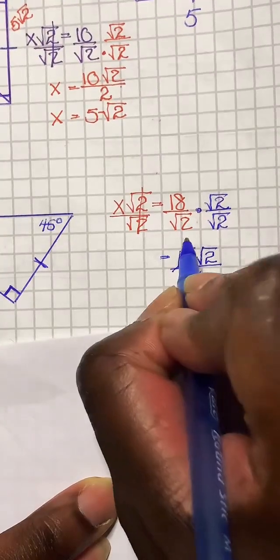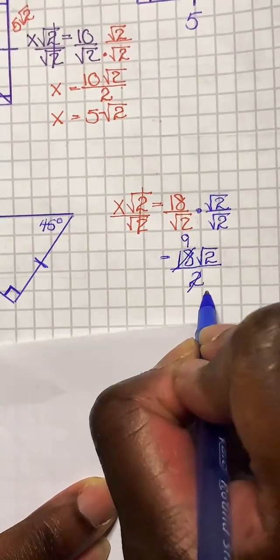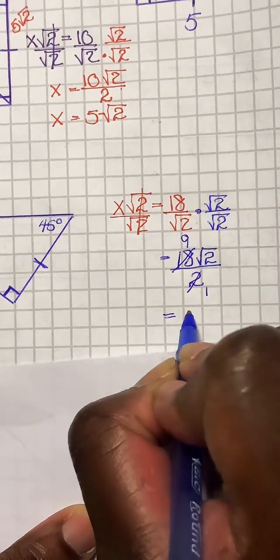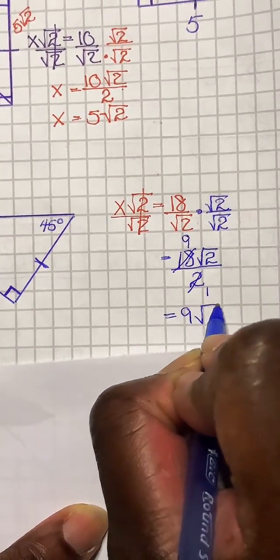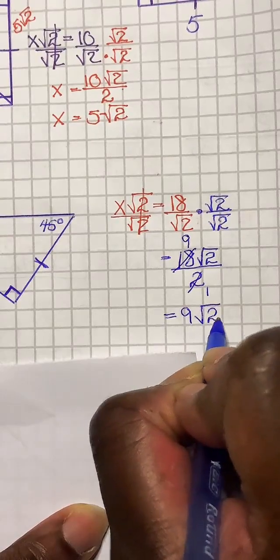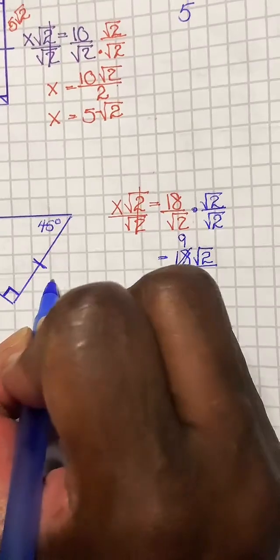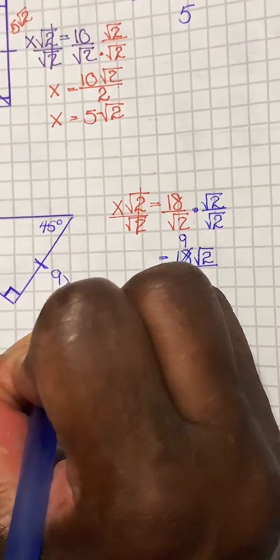And simplify here. This is going to be a 9. This is going to be a 1. So you got an answer of 9 square root of 2. And that's what your x, or unknown side, is going to equal.